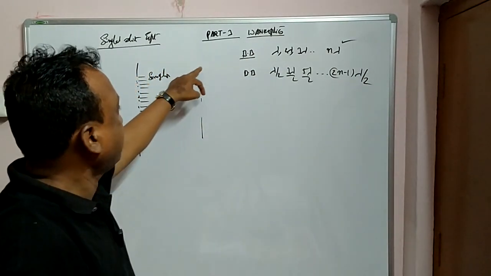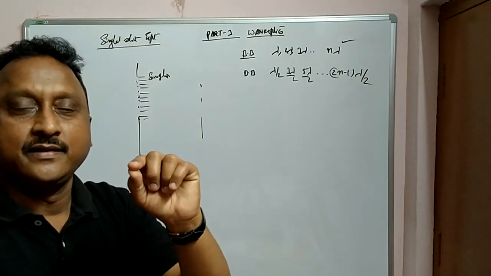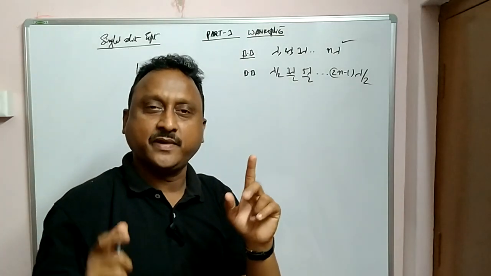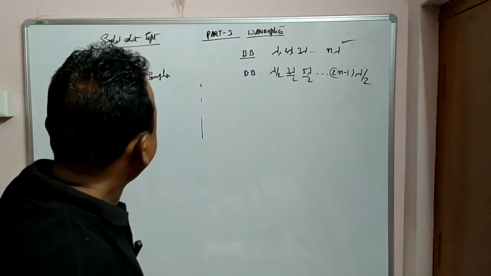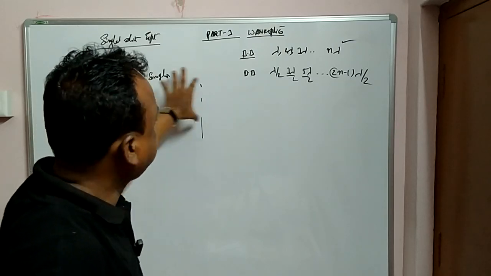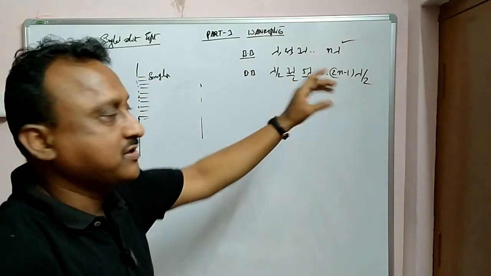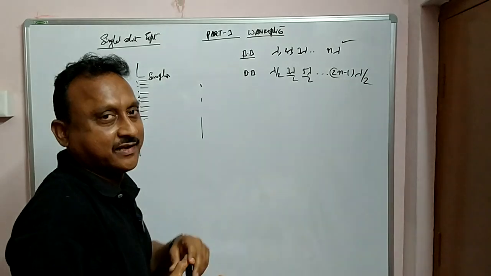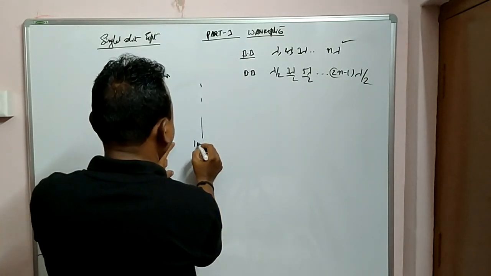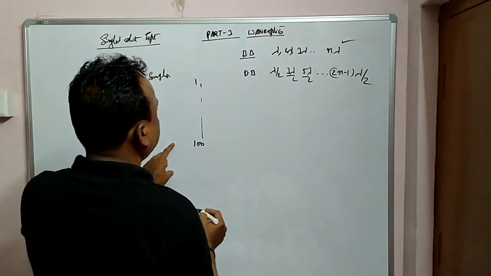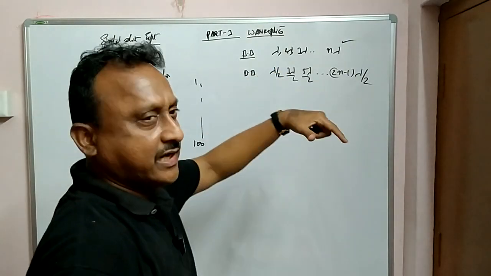So as I told you, in the YDSE experiment you have two slits, two holes, two sources of light coming. But here, in a single slit, thousands, crores, lakhs of light rays will be coming outside. For example, if I take the first one and the second one, the difference is 100. Now here it will be different.